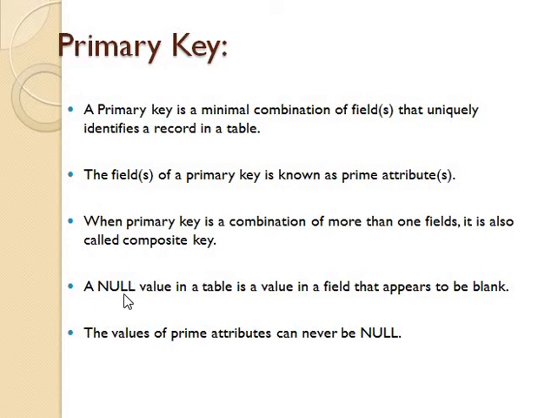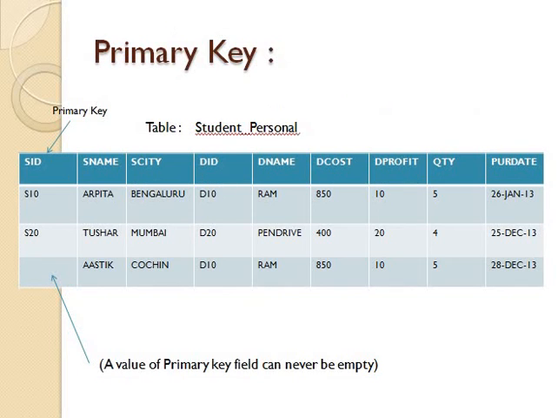Now come to the fourth point. A null value in a table is a value in a field that appears to be blank. Now consider this table named student personnel. This table called student personnel consists of a primary key which is SID, and this field consists of a value which appears to be blank.